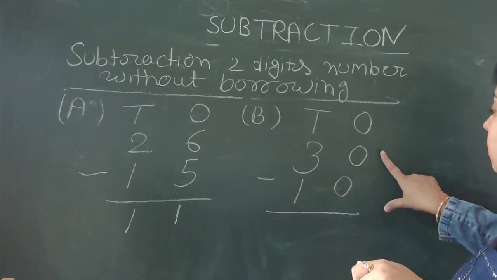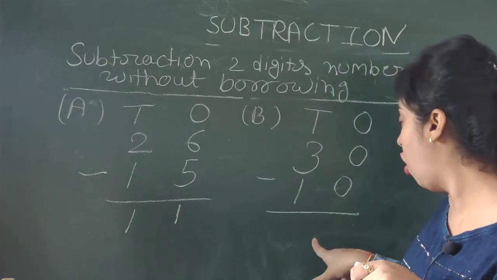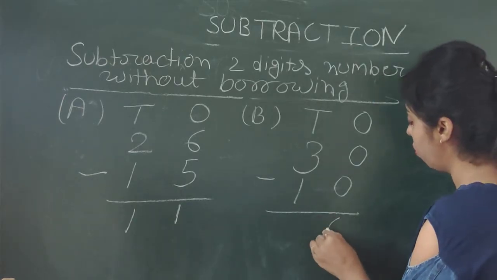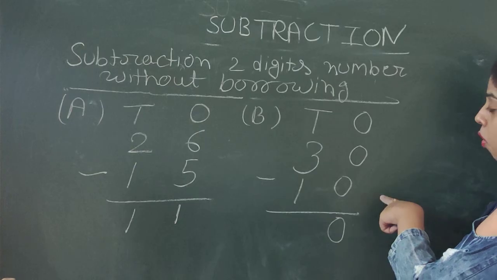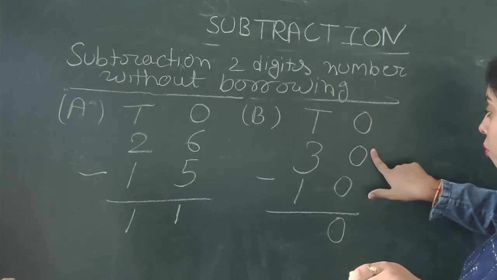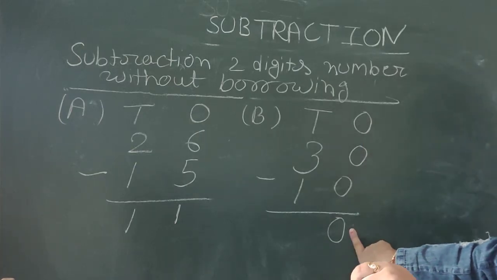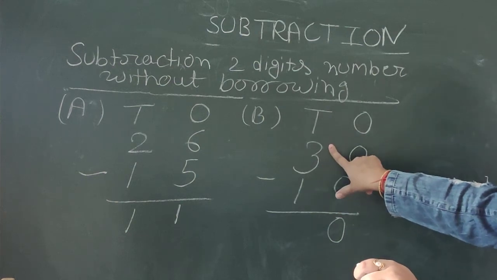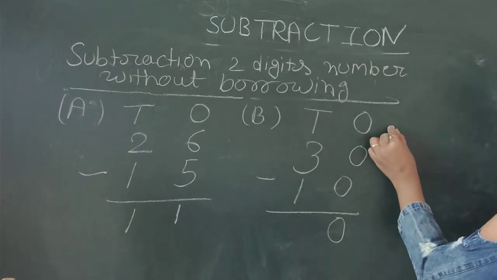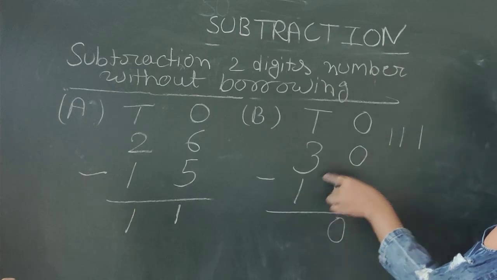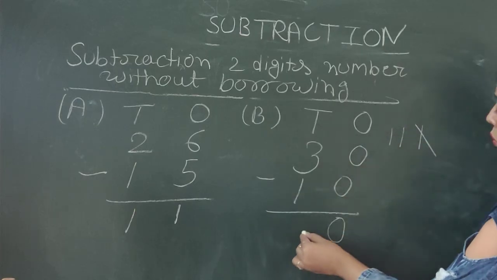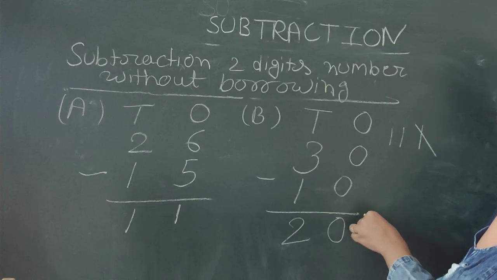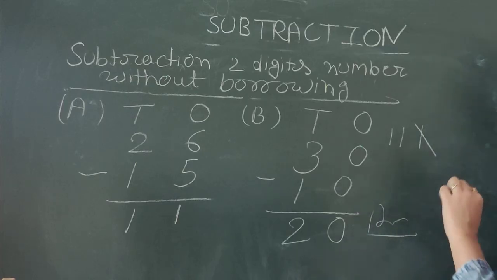Okay, 0 subtract the 0. So how will we write? 0, because there are no other digits. So 0 subtract the 0 is 0. Okay, tens place subtraction now. 3 subtract the 1. 1, 2 and 3. Cut the 1. 20 is the right answer.